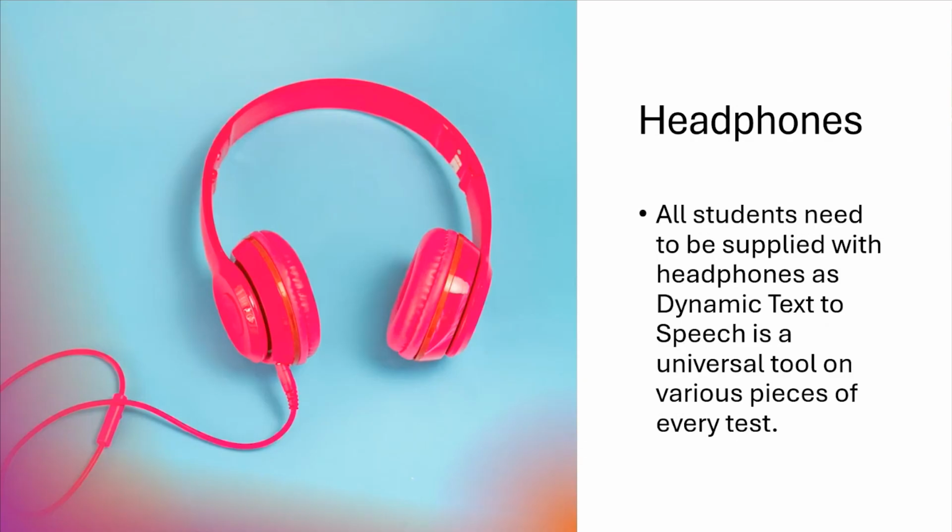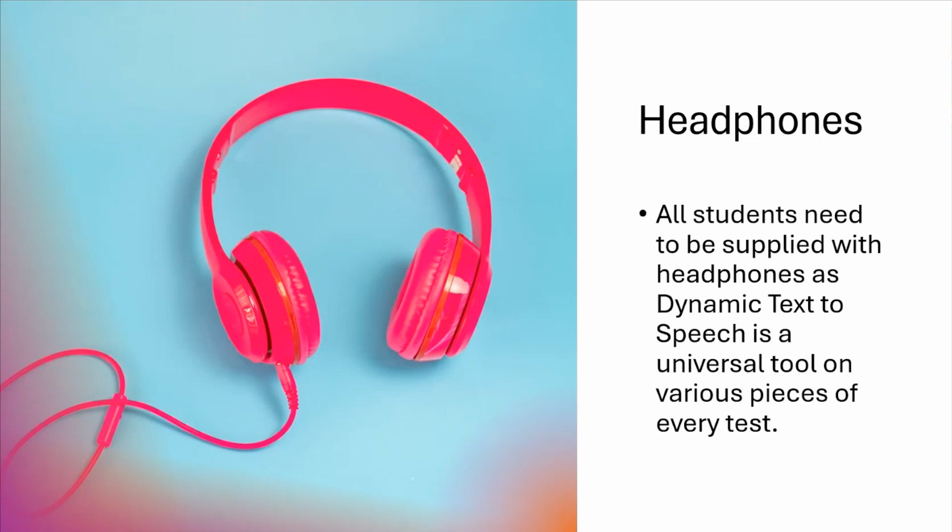All pieces of the test require headphones, so students will have text to speech available on the questions and the answer choices. It will read all of that, and like I said, that's a tool that's going to be on and available to all students. It will read the directions to all students in the reading assessment.